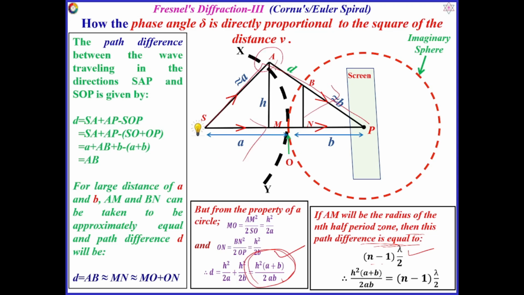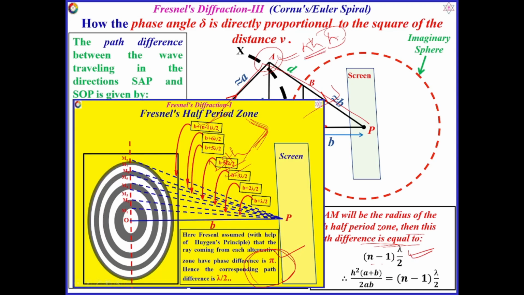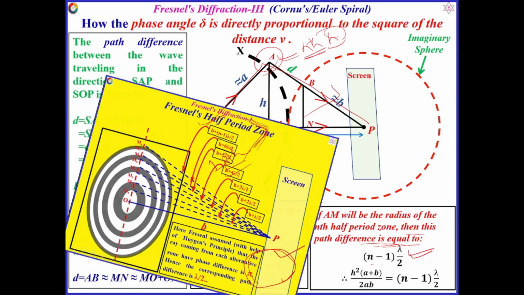Here I consider A belongs to the nth half period zone, and this path belongs to the first half period zone. If I consider the nth half period zone and the first half period zone, then the path difference will be (n minus 1) lambda by 2. Already we discussed that.